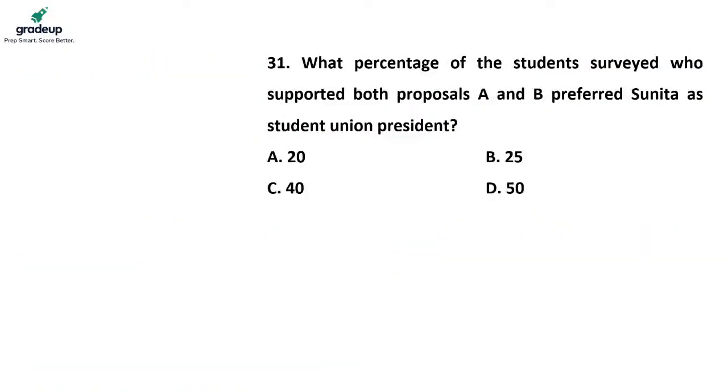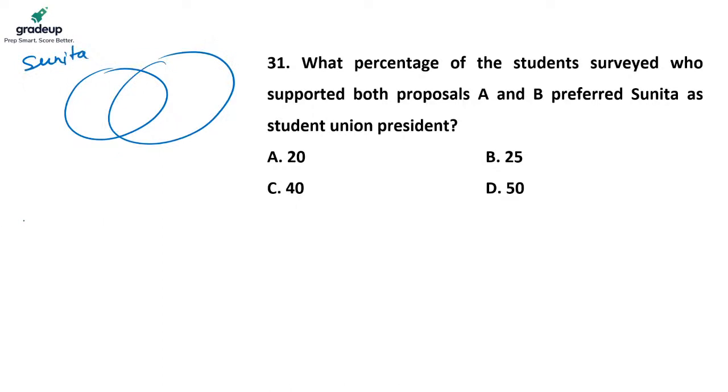Next one. What percentage of the students surveyed who supported both A and B preferred Sunita? The first one is for Sunita, the second one is for Ragini. I believe the values here were, this was 50. Now I'll just write the relevant information.